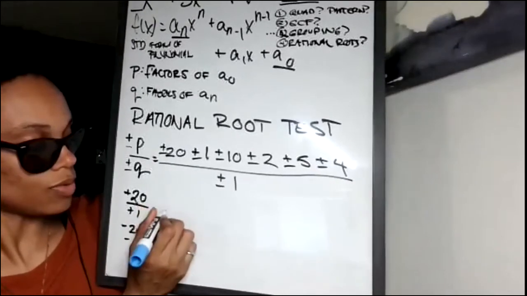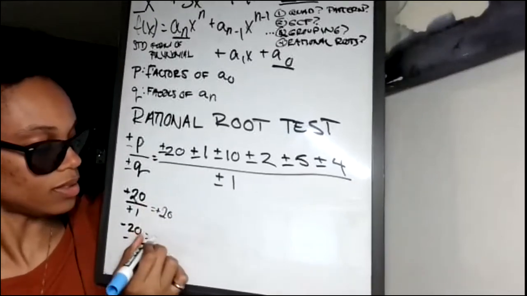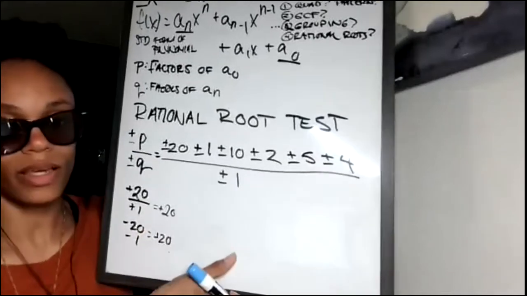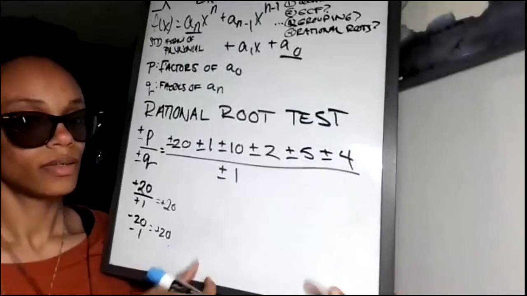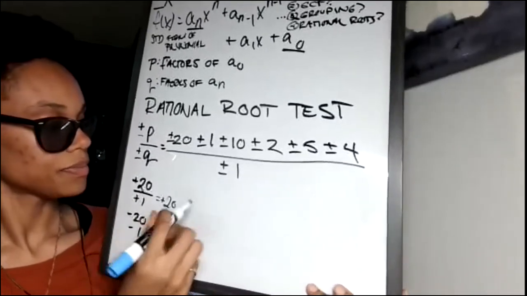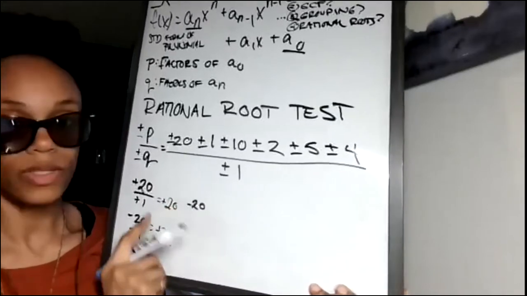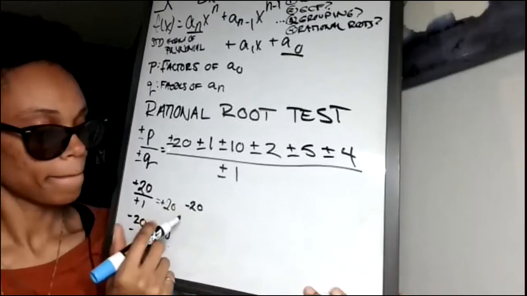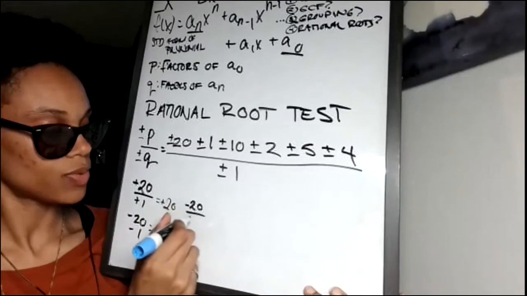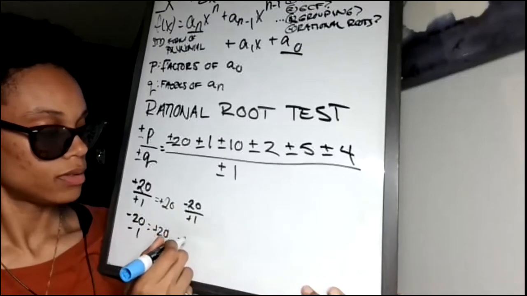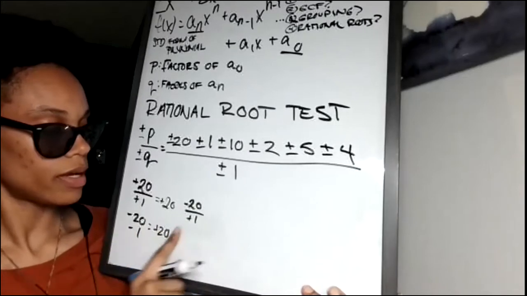These will both give you positive 20. Sorry, I overlooked the signs for a second. But then we could also have negative 20, if just one of them was negative, negative 20 over positive 1. And we already did negative 20 over negative 1.